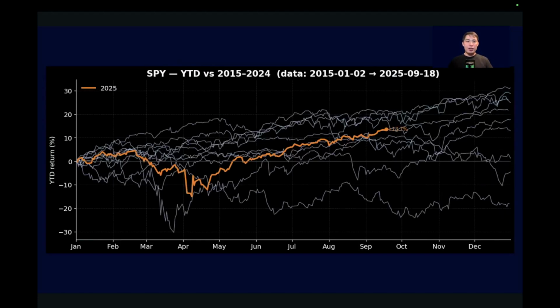Looking at the S&P 500, and of course SPY is the ETF, it's had an above average year so far. We're comparing this against the past 10 years, and just bear in mind the past 10 years actually had quite elevated returns compared to the historical levels because of the cheap money flowing in from the QE as well as fiscal spending from COVID.